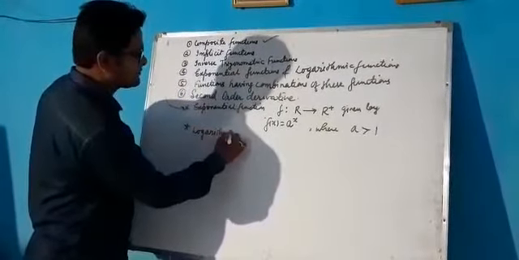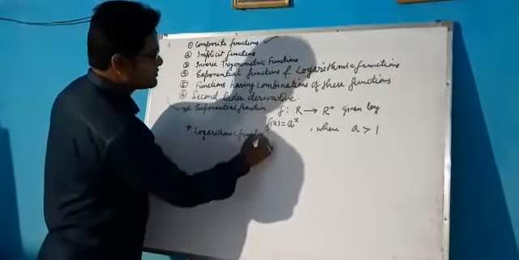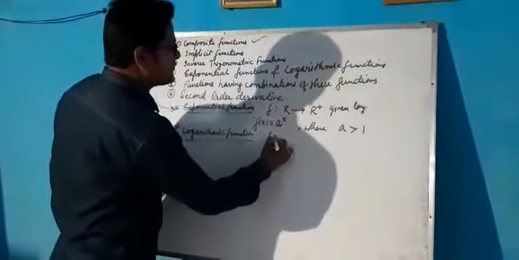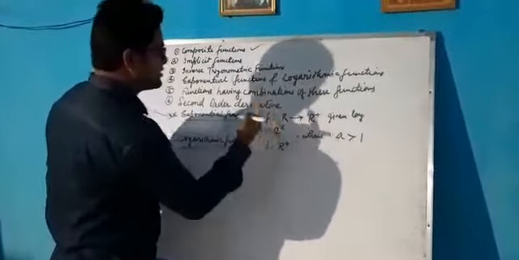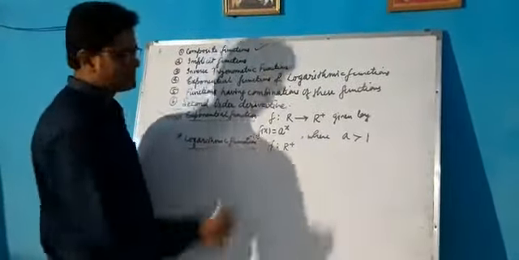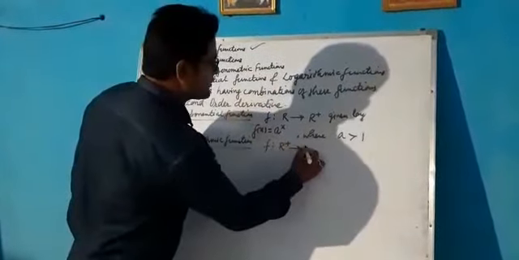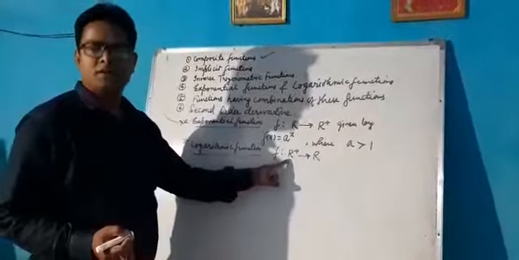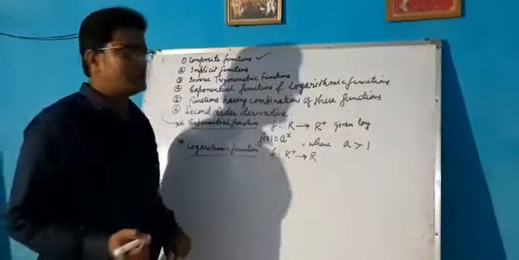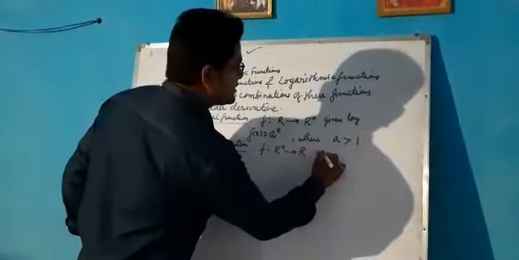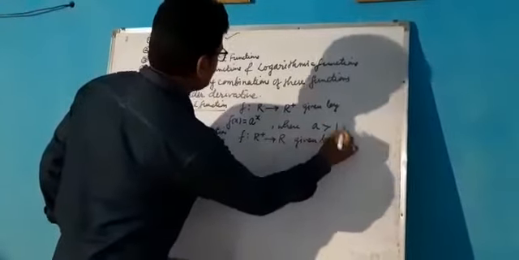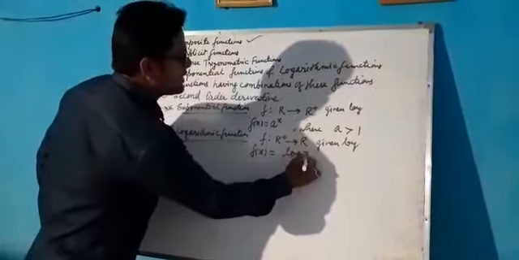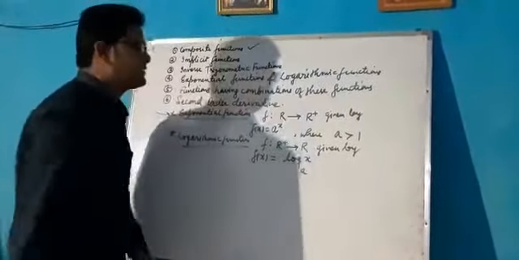Logarithmic function. So what is a logarithmic function? See everyone, f is a function from R plus to R. It is the inverse of the exponential function, so the domain of the logarithmic function will be the set of positive real numbers and the range the set of real numbers, given by f of x is equal to log x to the base a.